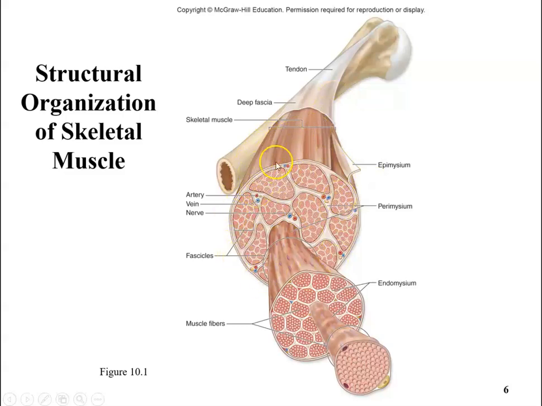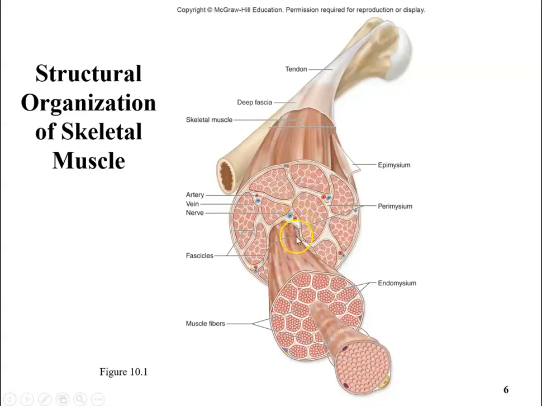And then surrounding that, we have the epimysium. Then we have fascicles on the inside, arranged like so, with the perimysium between them, okay? And you can see the artery, the vein, and the nerve here in the perimysium.